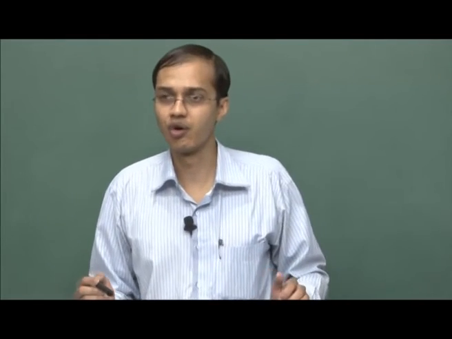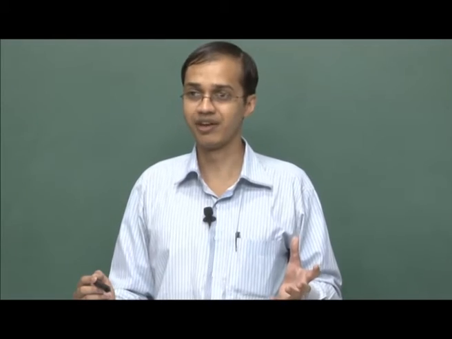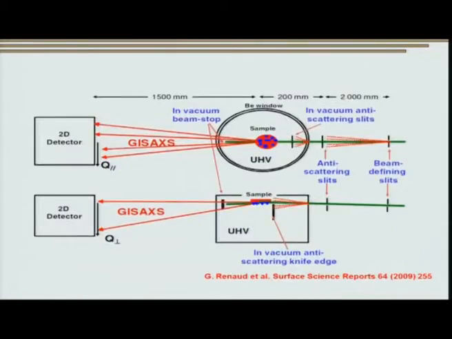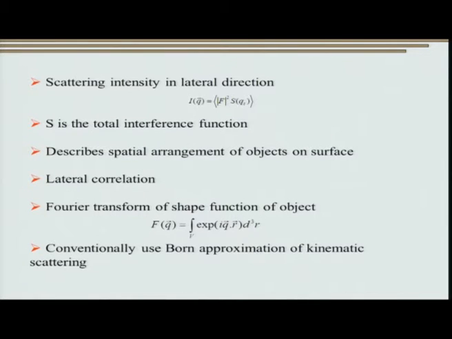We talked about form factors as well as the interference factor, the interference pattern. So, let us go back and have a look. This is your interference function. So, we have form factor and we have interference function. Let us see now how actually they coincide. Like we had seen in the case of small angle X-ray scattering, if the form factor is different, we see a different scattering pattern.